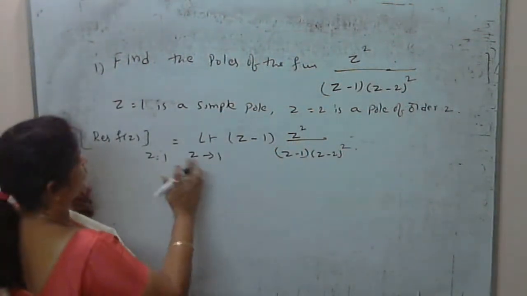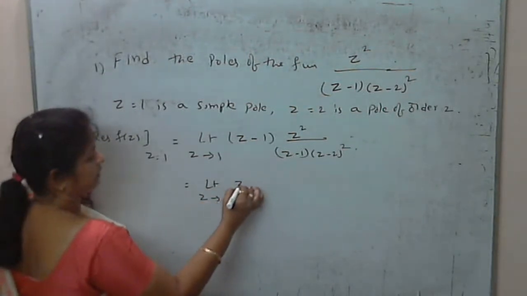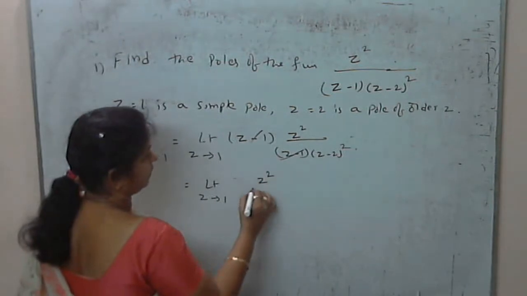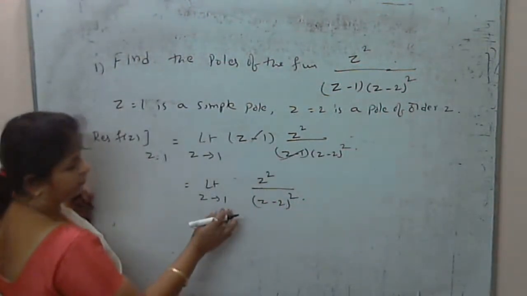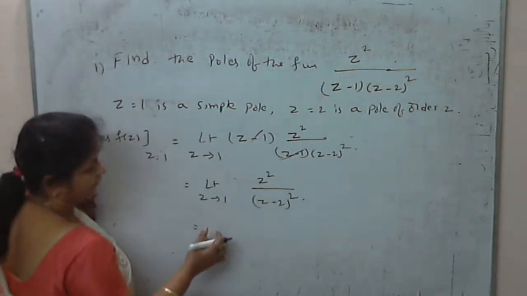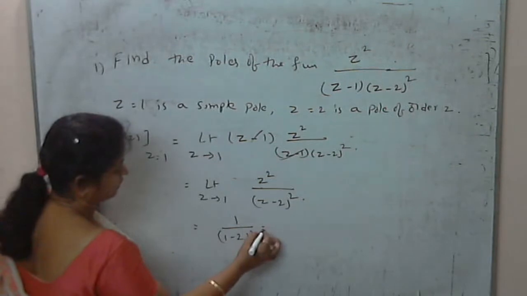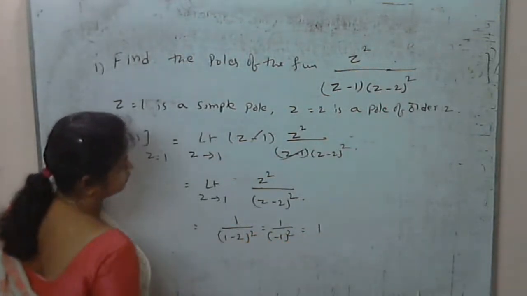Now, a is 1. So, limit z tends to 1, z minus 1 cancels out, so z square by (z minus 2) whole square. Now, substitute z equal to 1 in the function. So, 1 square by (1 minus 2) whole square, 1 by minus 1 whole square, 1 by 1, that is 1.